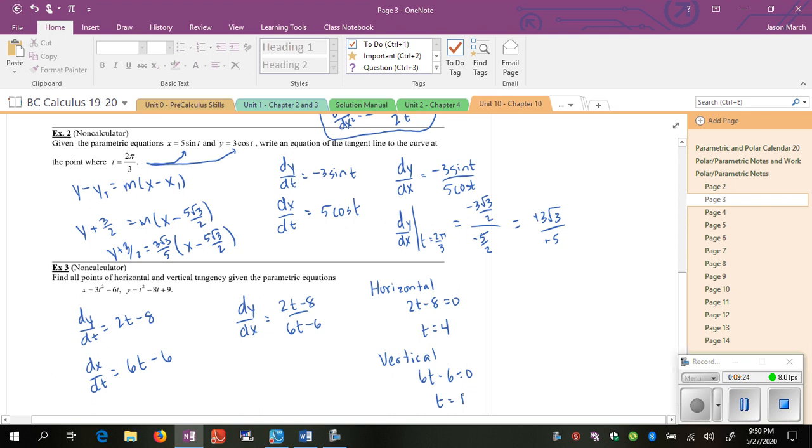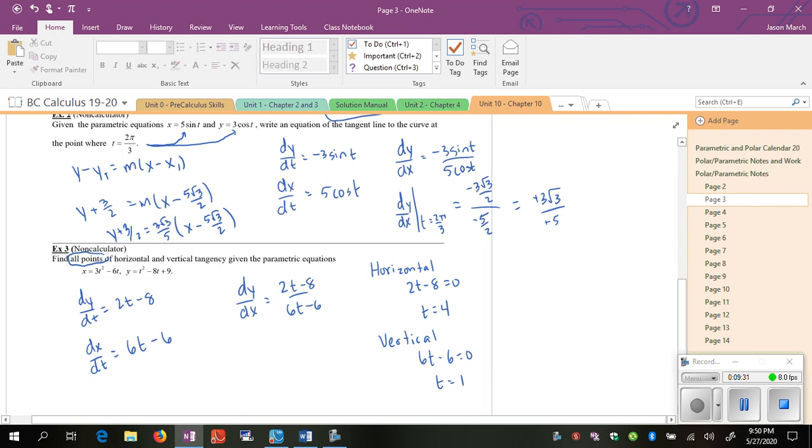And so the points, all points of horizontal and vertical tangencies, are going to be the x and y coordinates. So if I plug in x of 4 and y of 4, we get 3 times 4 squared minus 6 times 4, and 4 squared minus 8 times 4 plus 9.